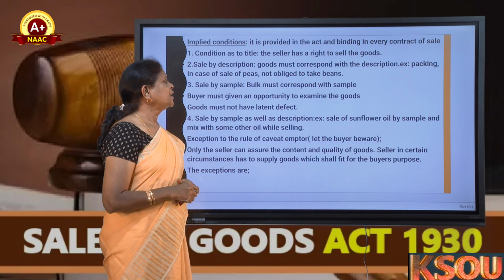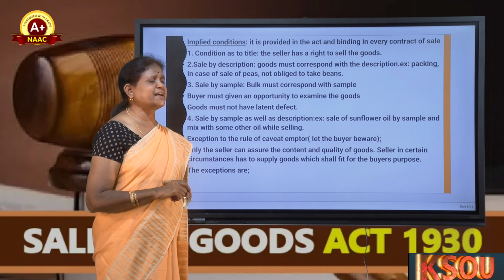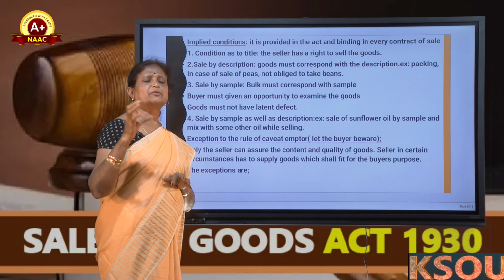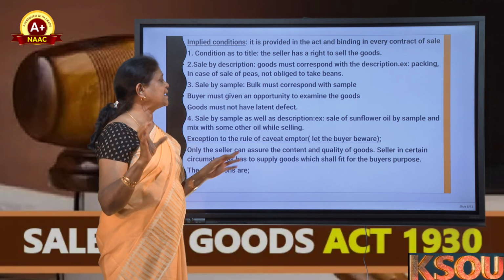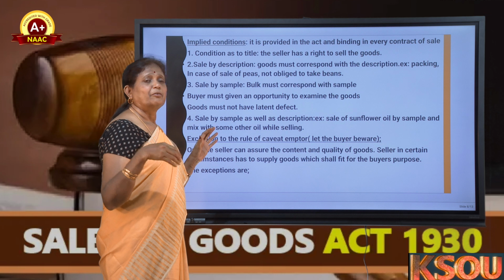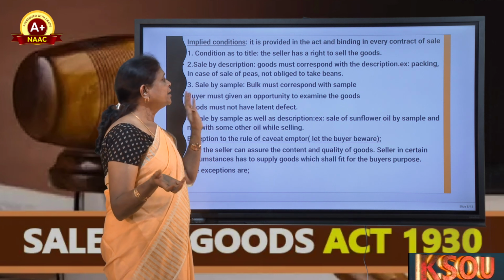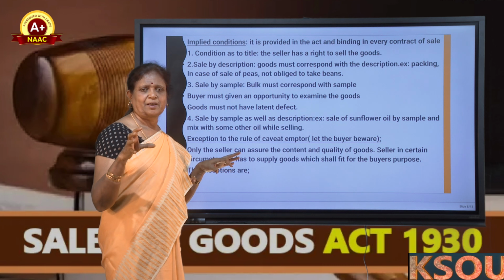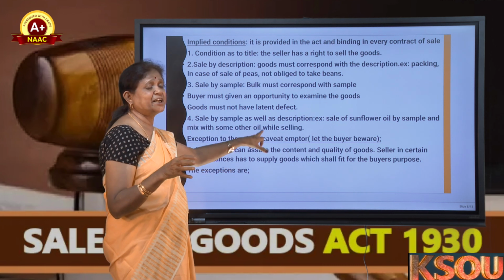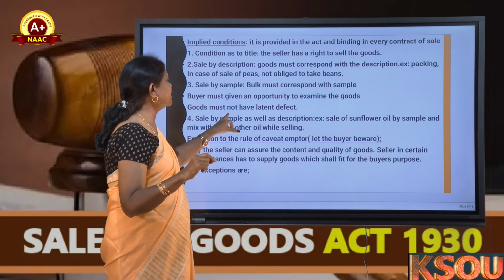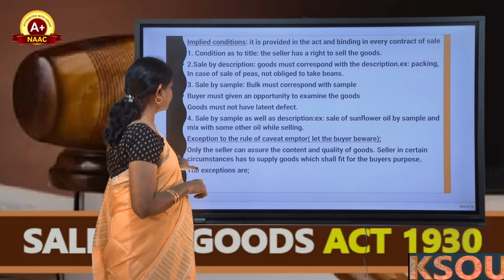For example, if the buyer wants to purchase sunflower oil, and by showing the sample the seller sells the sunflower oil, but while making delivery, that sunflower oil is mixed with some other oil, then it breaks the condition as to sample as well as description, and the buyer can repudiate the contract.